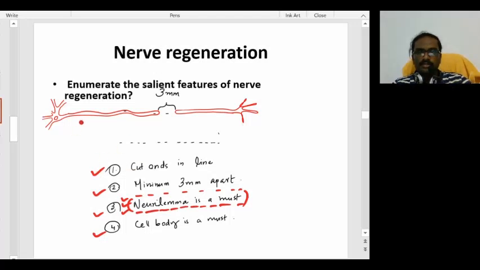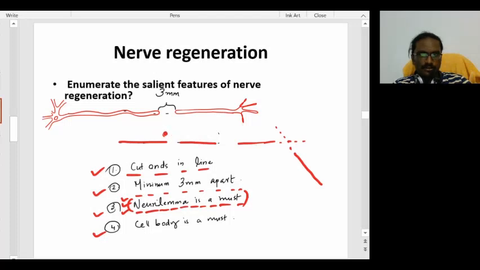See this diagram. The first point is that cut ends should be in a line. If one end is like this and the other end is like this, both in different axes, it's very difficult to regenerate. But if they are in a single axis like this, it's very easy to regenerate.